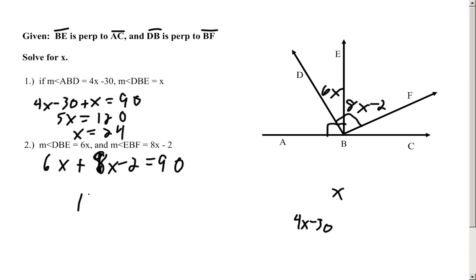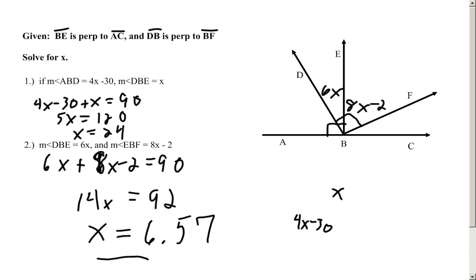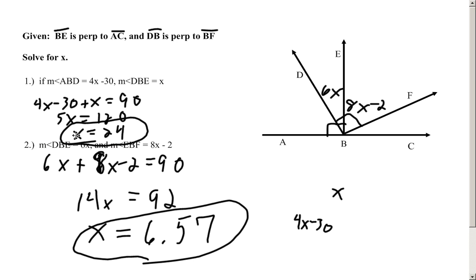So we get here 14x equals 92. You say, oh boy, I got to calculate this. X is going to be approximately 6 and 57 hundredths, when we take 92 divided by 14. Okay, so that's how we solve problems like these.